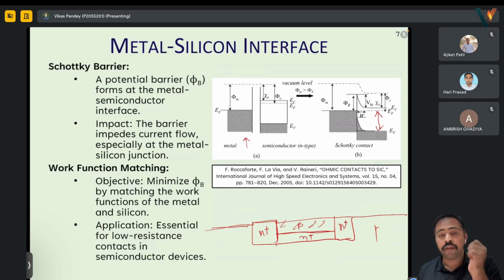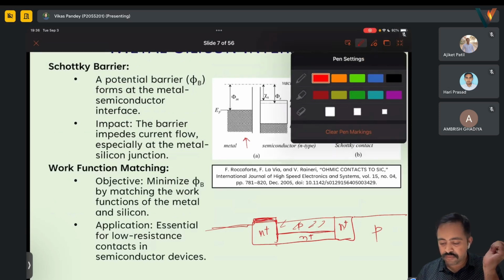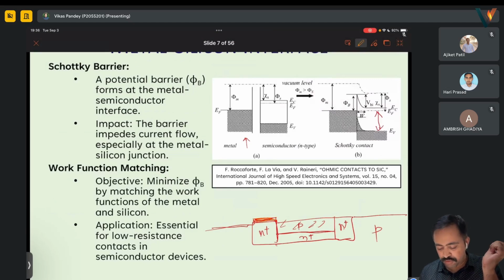Ideally, if we deposit a metal here and here, it should be conducting fine. But due to this barrier, it might not happen.